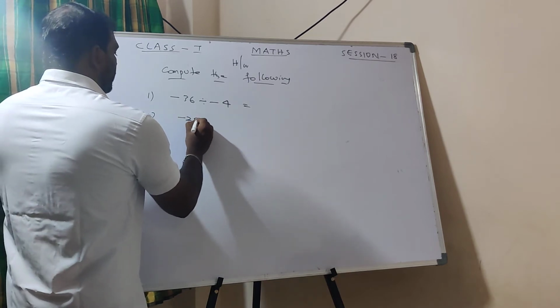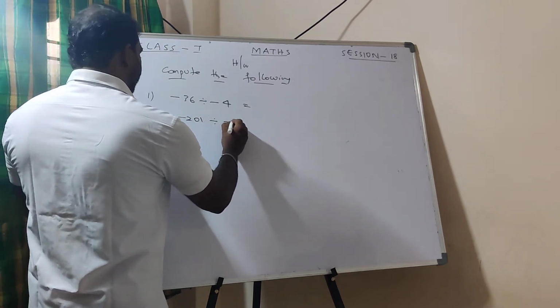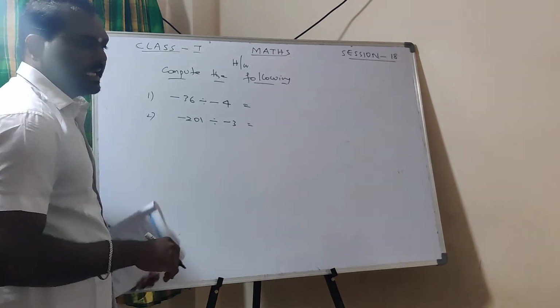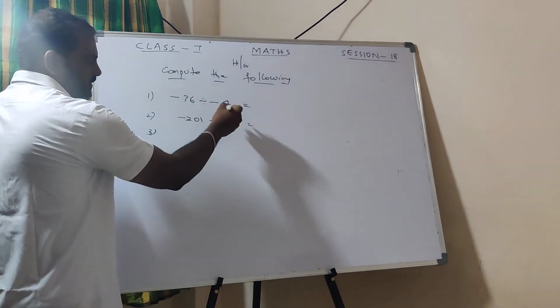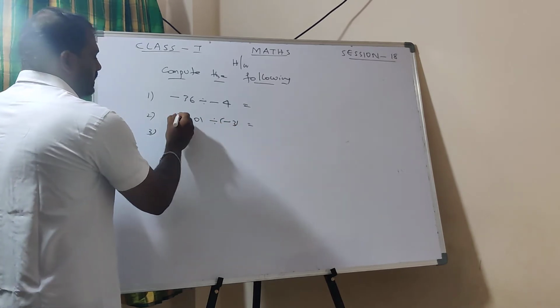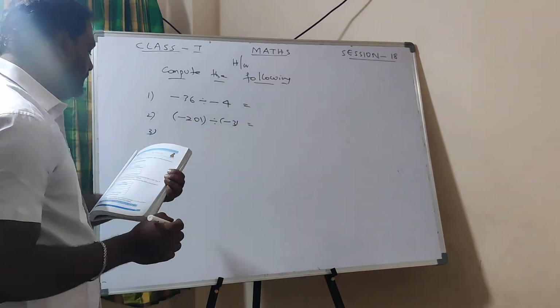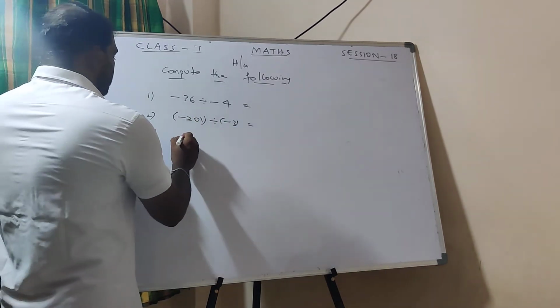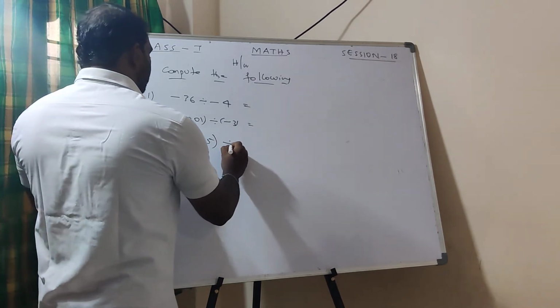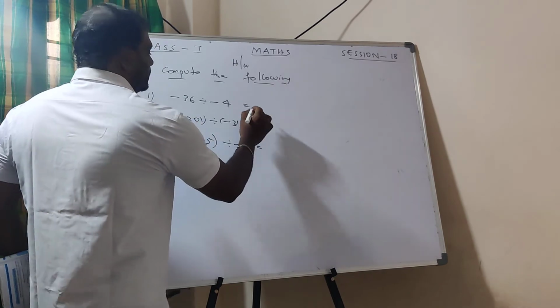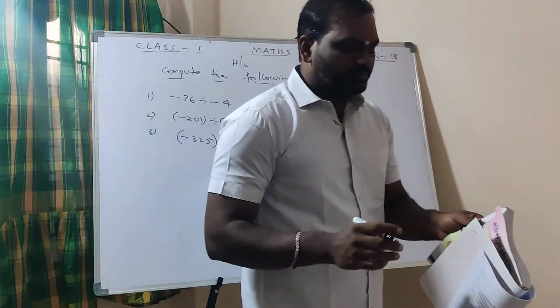Minus 201 divided with minus 3. It is given in brackets. You can also write in brackets or you can exclude also, but to avoid the confusion, better you write in the brackets. Next, minus 325 divided with minus 30. These are the 3 questions given in your textbook.